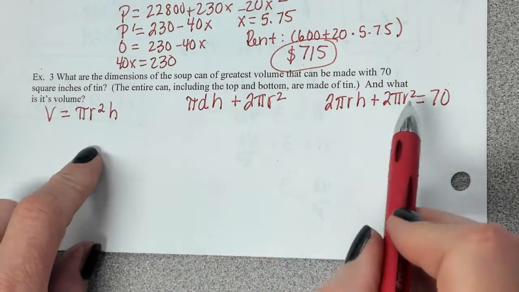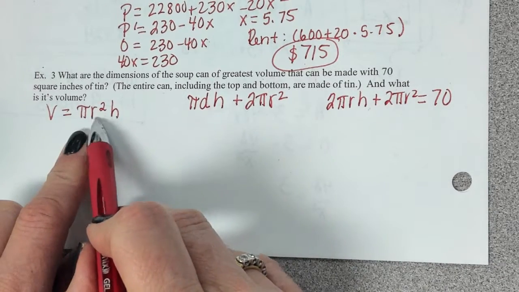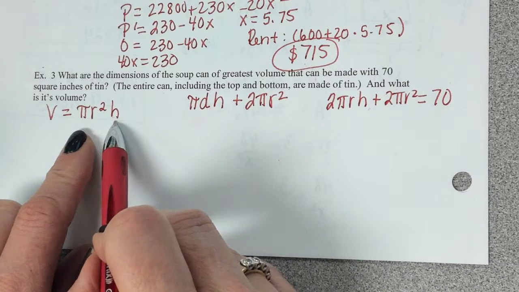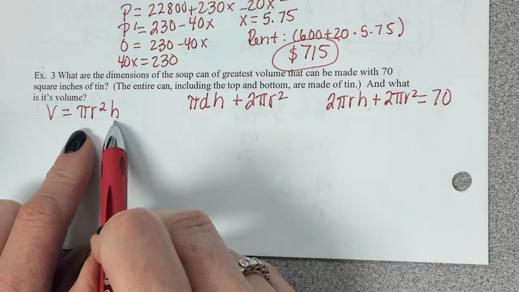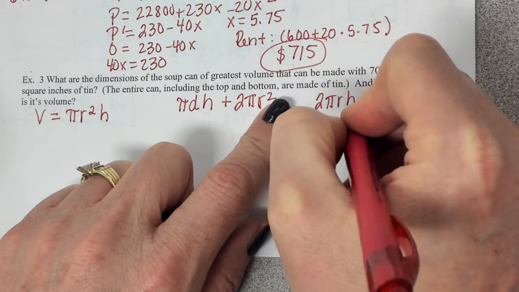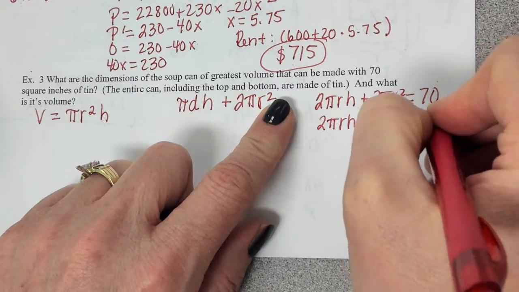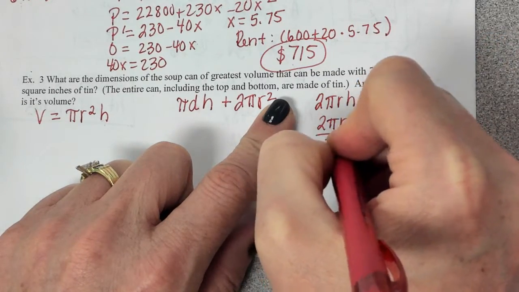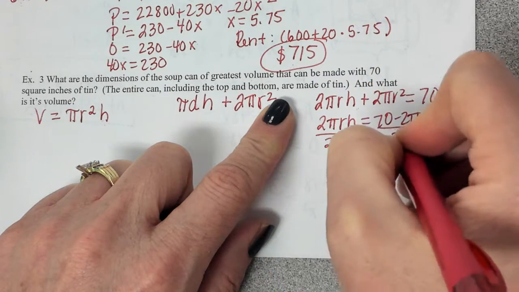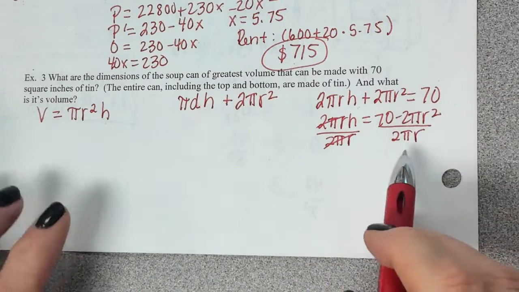So what we want to do is we want to solve this for h, because remember how I said we have to have just a single variable if we're going to take the derivative? So I'm going to solve this for h, and I get 2 pi rh equals 70 minus 2 pi r squared, divided by 2 pi r. And that's going to be what h is.